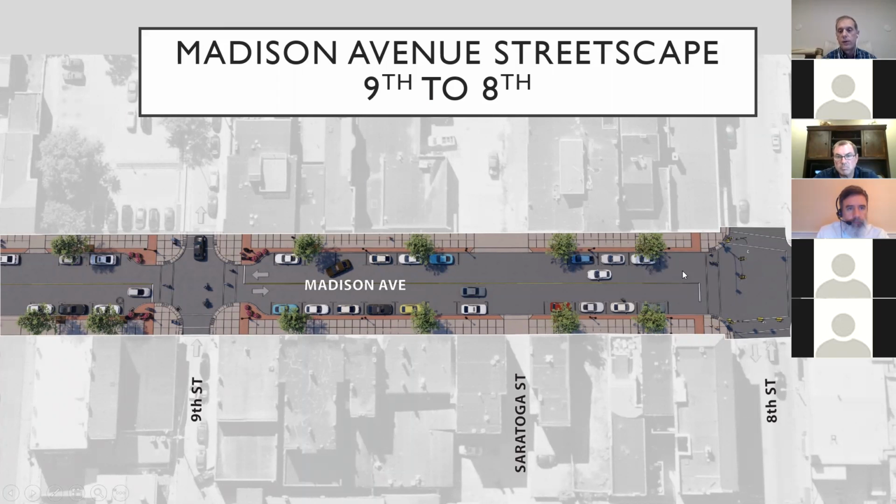As a result, to accommodate the turning radii necessary for the buses, we're not able to do the bump outs that we've provided at the other intersections along the corridor. As you can see, we just have a standard intersection radii at that intersection.